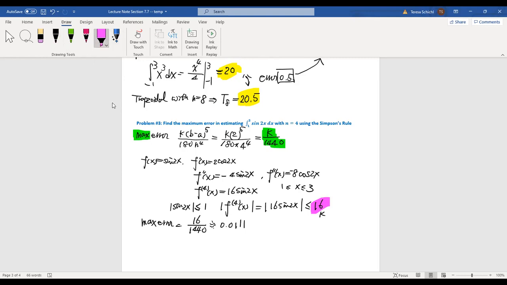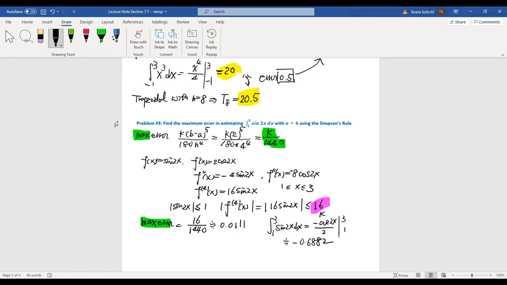This one is also easy to integrate. If I integrate the integral from 1 to 3 of sine 2x dx, you get negative cosine 2x over 2, evaluated from 1 to 3, and the value is very close to negative 0.688.